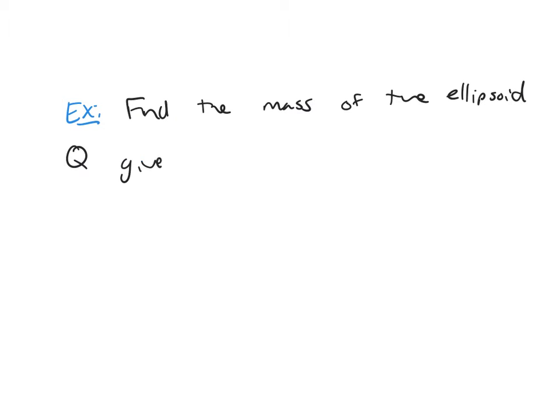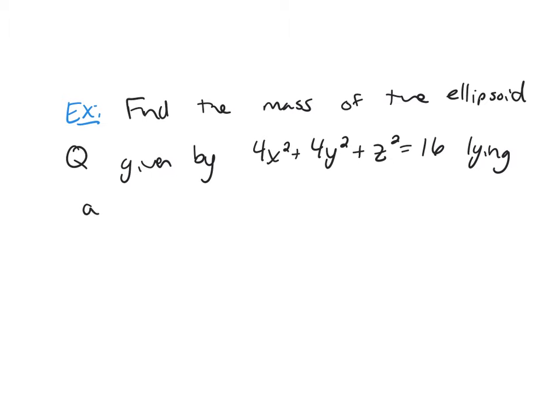So let's look at another example involving cylindrical coordinates. Find the mass of the ellipsoid Q given by 4x squared plus 4y squared plus z squared equals 16 lying above the xy plane.